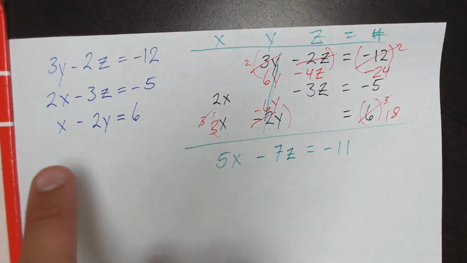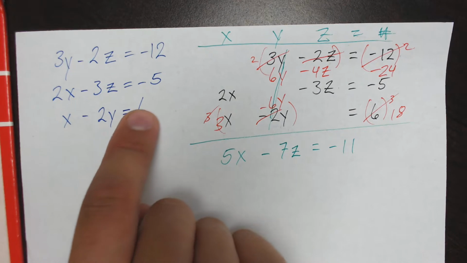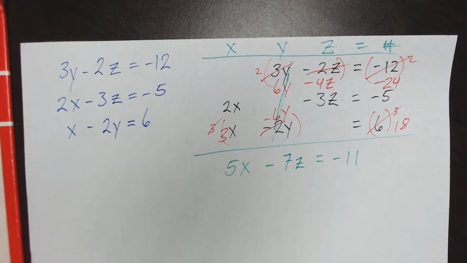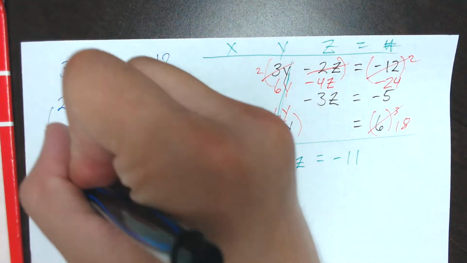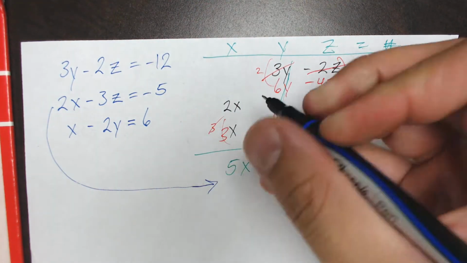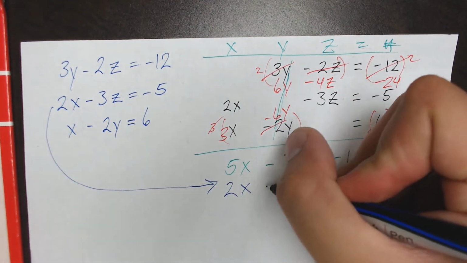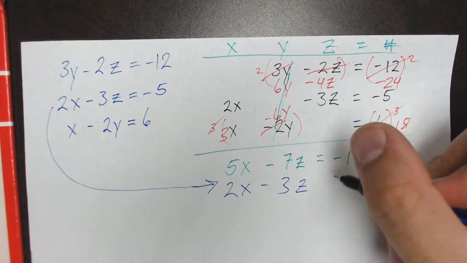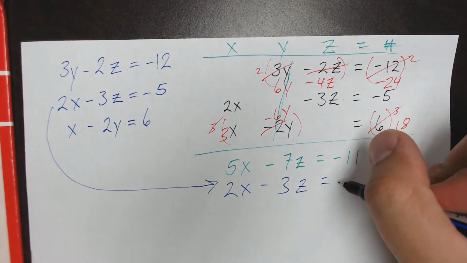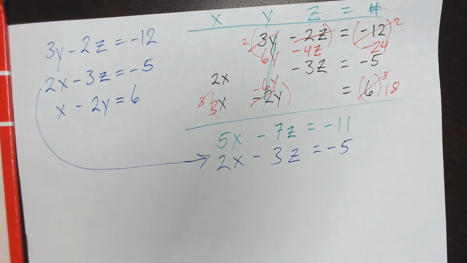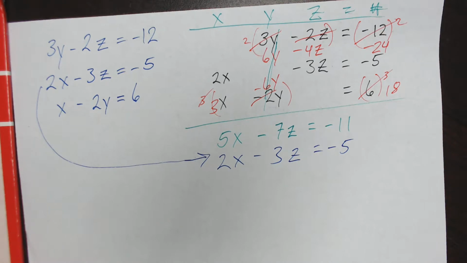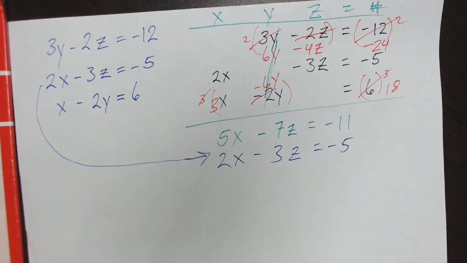And if you remember, I had another equation with x and z here. So I'm going to take this equation and combine it with the other x and z equation, and through one more step of elimination, I will then have solved for one of my missing numbers. So I'll go ahead and eliminate x because 5 and 2 is pretty simple multiplication.